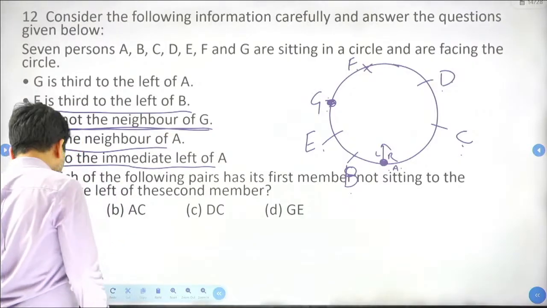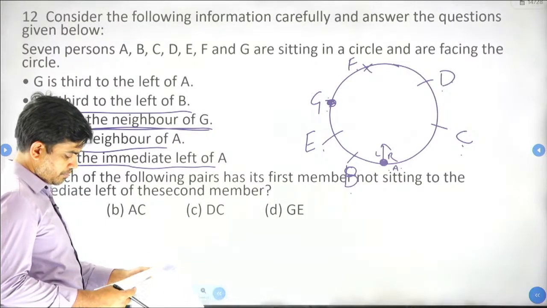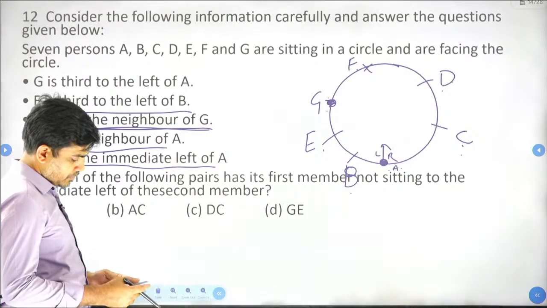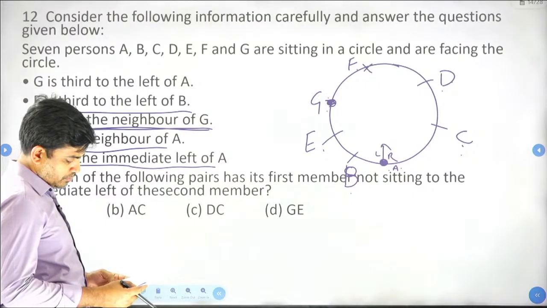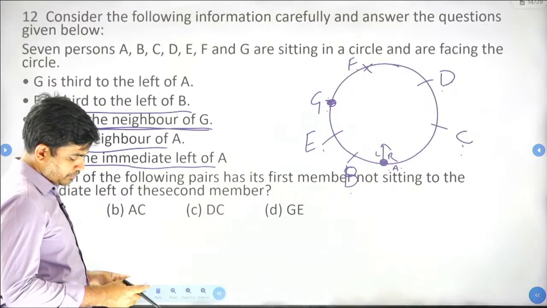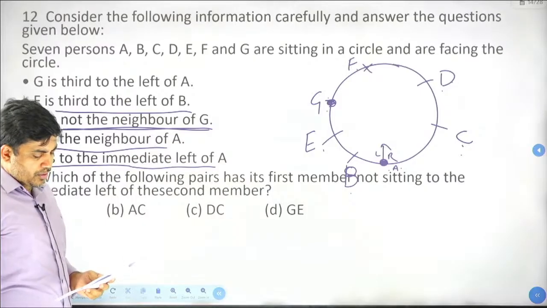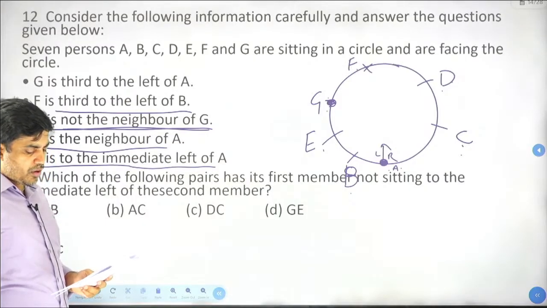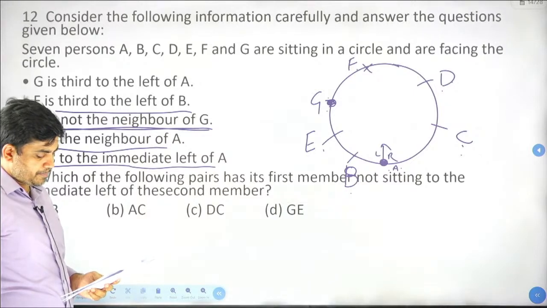What is the question here? Some word is missing. Which of the following pairs has its first member not sitting to immediate left of the second member?